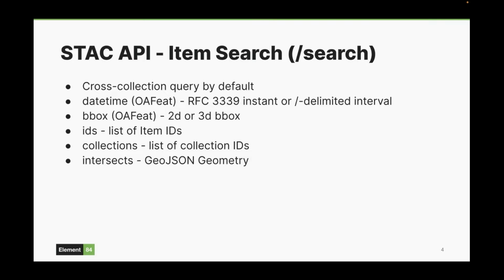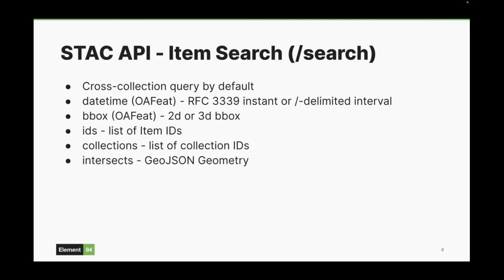The core STAC API item search has a few parameters that you can search on. You've got datetime, where you can search on a single instant or an interval. You've got a bounding box that you can search spatially. Both datetime and bounding box are also supported by the OGC API features endpoints to search items on.